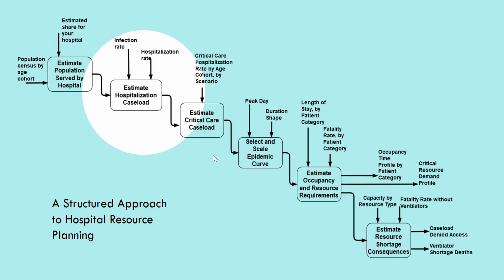So what proportion do we expect to become infected, or the infection rate? And then out of those that are infected, what proportion are symptomatic, and what proportion are going to require hospitalization?